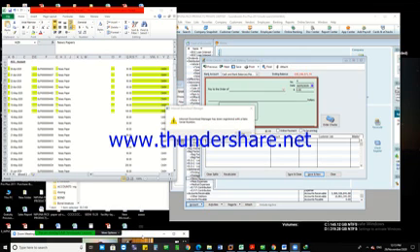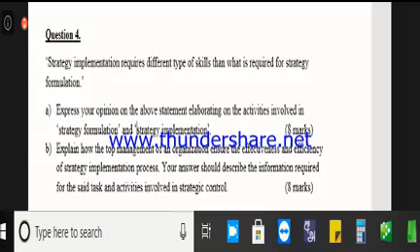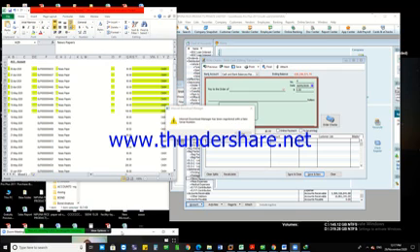So what is strategy formulation? Basically, strategy formulation is a desktop activity. You sit with a computer with a couple of people, you carry out an environmental scanning, identify what your organization is doing, the mission statement, and check your mission against the external and internal environment. So this is what you want to achieve.